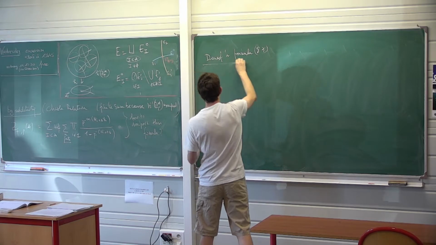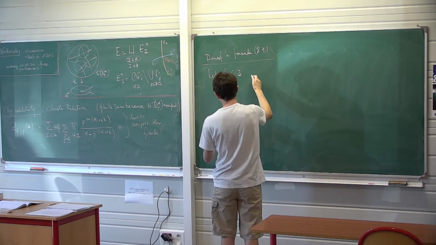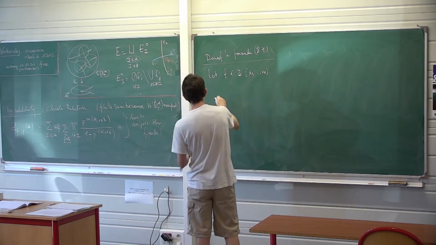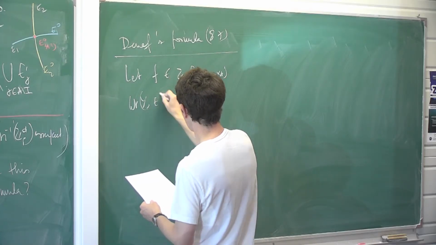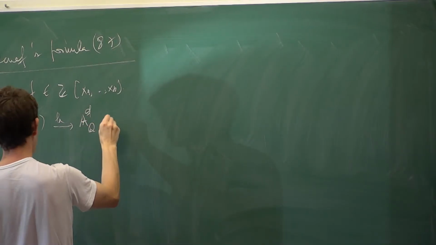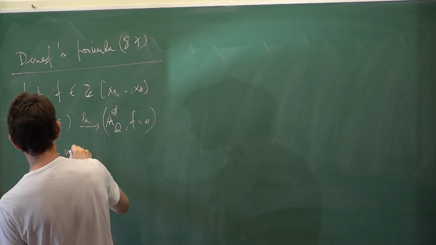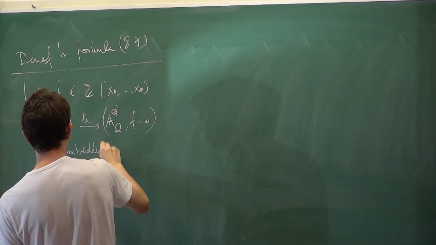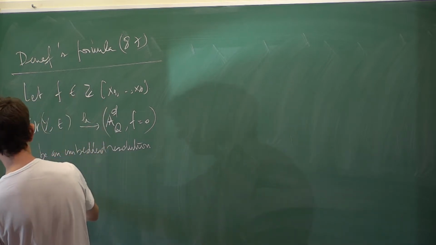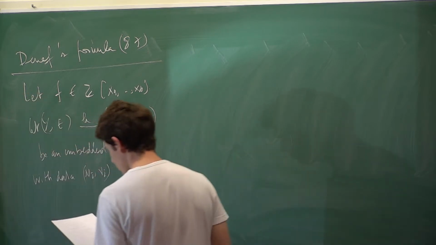It was done in '87. So I consider f with Z coefficients. So this is important. And I consider an embedded resolution in Q, with data N_i and ν_i.